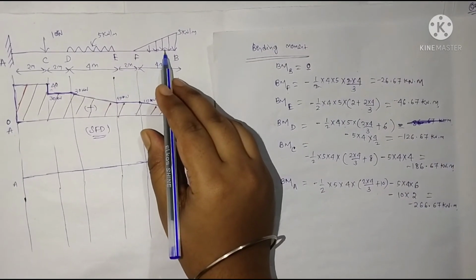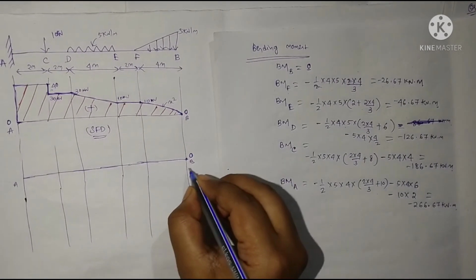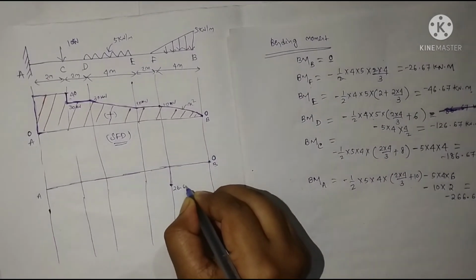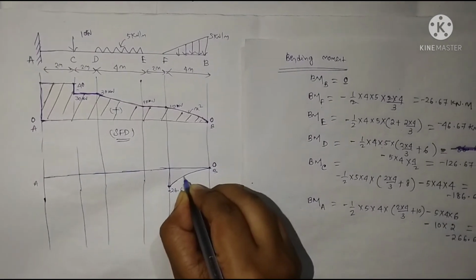And here uniformly varying load is acting, so our bending moment diagram will be cubic, that is x cube. So at this point it is 26.67, negative, so connect it cubically.